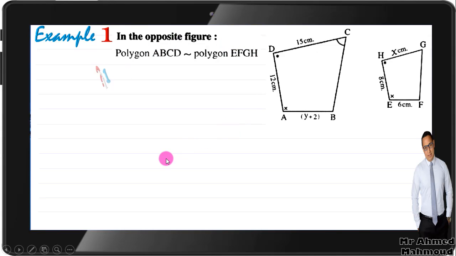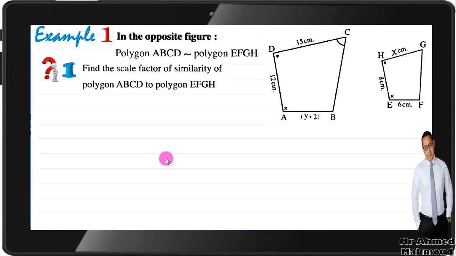Okay, the required number 1, find the scale factor. And the required number 2, okay, let's solve the first required and see the second required later.